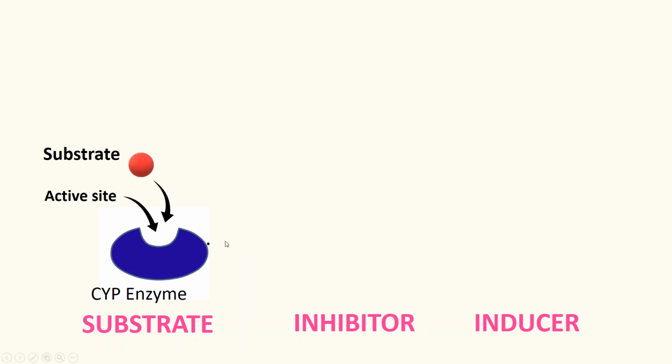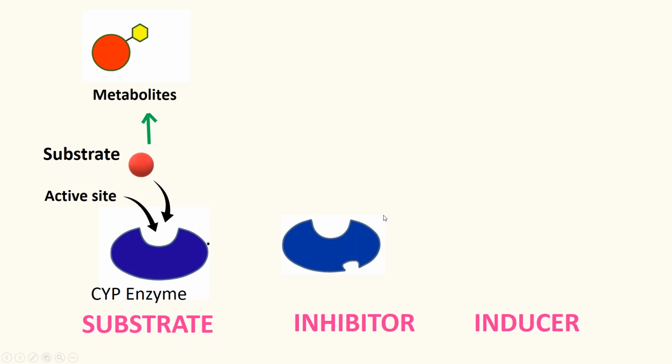When a drug binds to those active sites and undergoes formation of new metabolites, that is exactly what substrates do. Substrates are the drugs that bind to those active sites of the CYP enzymes and form those new metabolites. And then next we have the most important thing here, inhibitors.